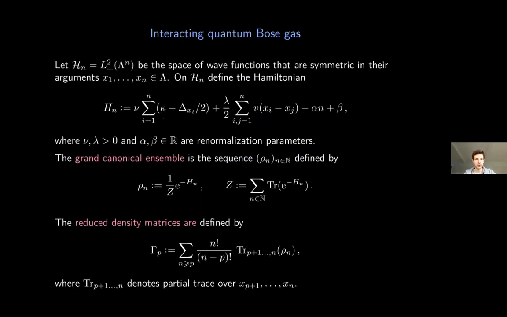Okay, so this was a short summary of this Euclidean field theory. Let me now move on to a completely different thing, which I think is familiar to everyone in the audience. Let me review my notations for the interacting Bose gas. So I will define bosons on this torus. Remember, Λ was my d-dimensional torus. So this is my space of n-body wave functions, which are bosonic, so symmetric in their arguments.